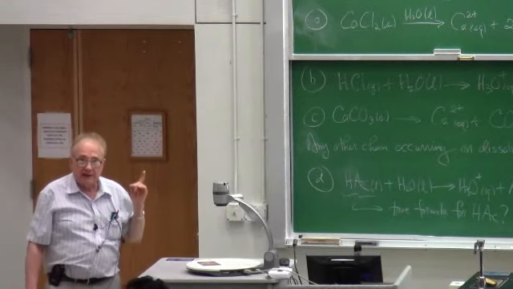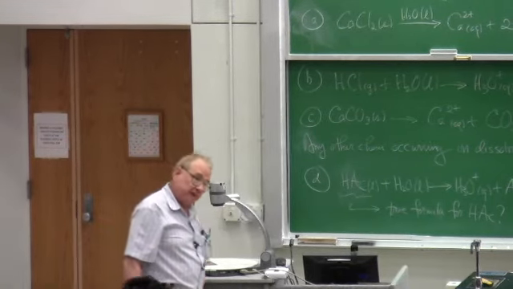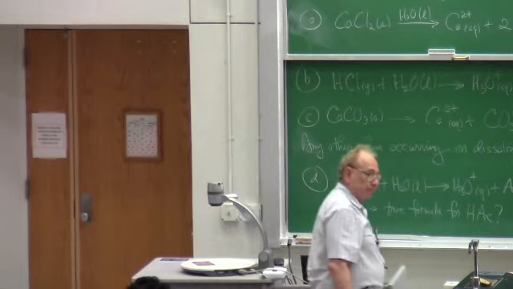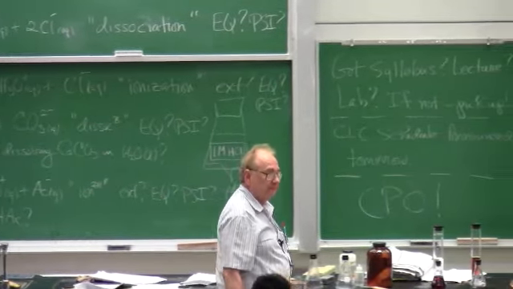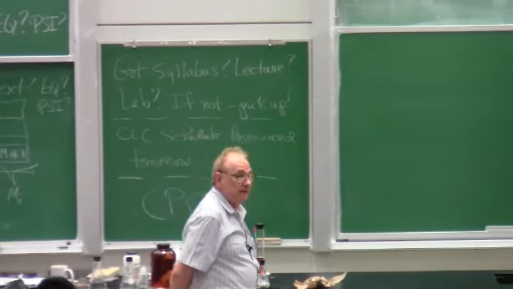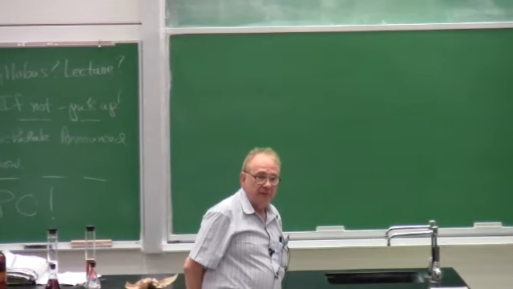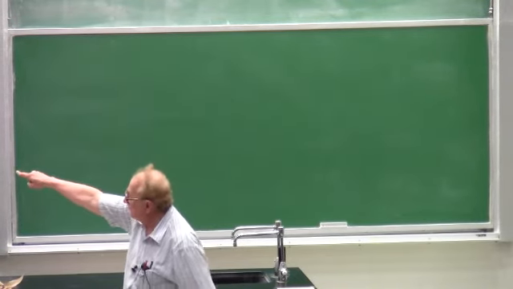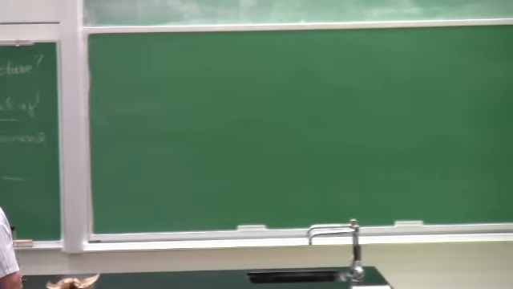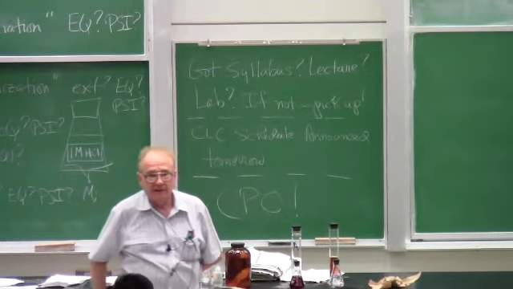Now, it is true that in this process HCl molecules come apart. But they do more than just come apart. What is it that these HCl molecules do besides just coming apart when I dissolve HCl in water, given that that's the equation for the reaction which occurs? What are these HCl molecules doing?